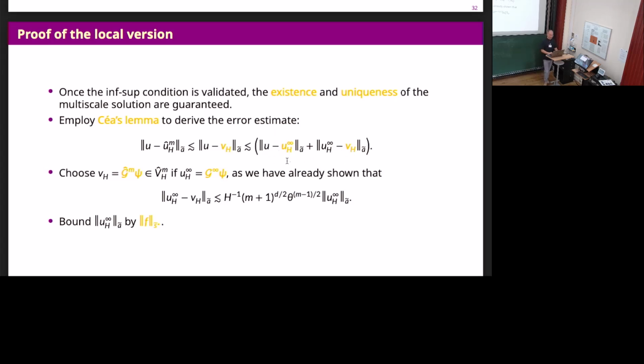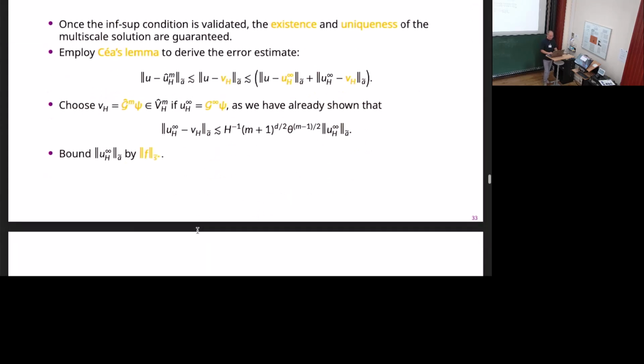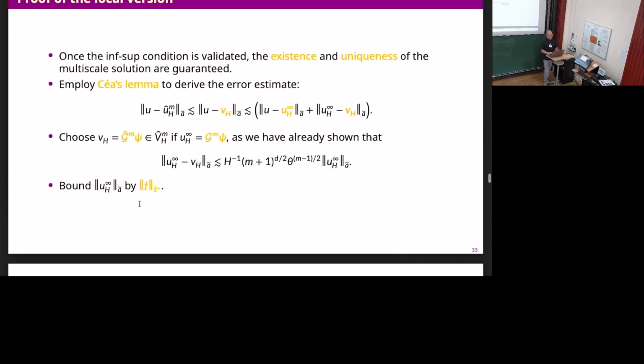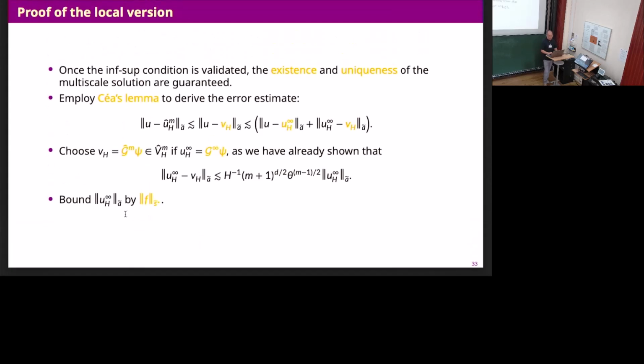One part comes from the solution using the global basis, and the second part makes use of this localized error bound. Combining these two steps, we get the final error bound. Of course, here we also make use of the special problem that we consider, because for this final step we have to make use of the eigenvector expansion.